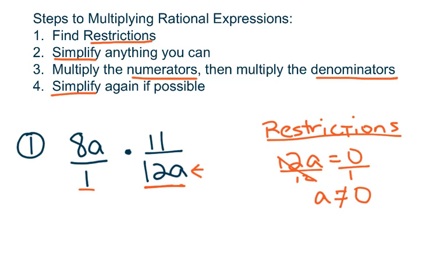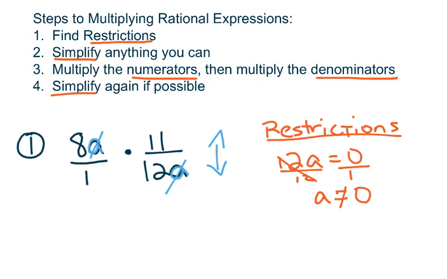Okay, now I am going to simplify anything I can. Now I notice that I have an a up here, and I also have an a down here. We are only going to cancel top to bottom. Remember, when we say cancel, we really mean divide. So a divided by a is 1. That's what makes it go away. Okay?